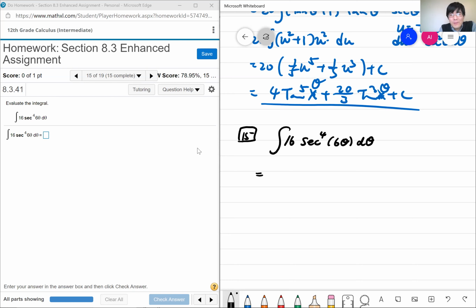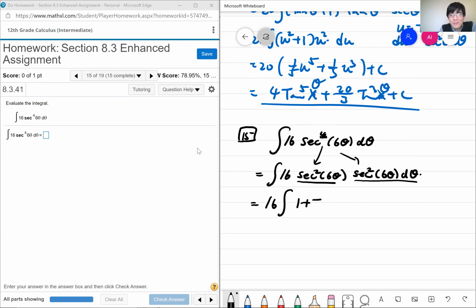Okay, let's rewrite this one into secant squared 6 theta times secant squared 6 theta as we did in the previous problem. So again, we want to split the power 4 into 2 and the remaining 2. And this one can be written in terms of tangent, like this.